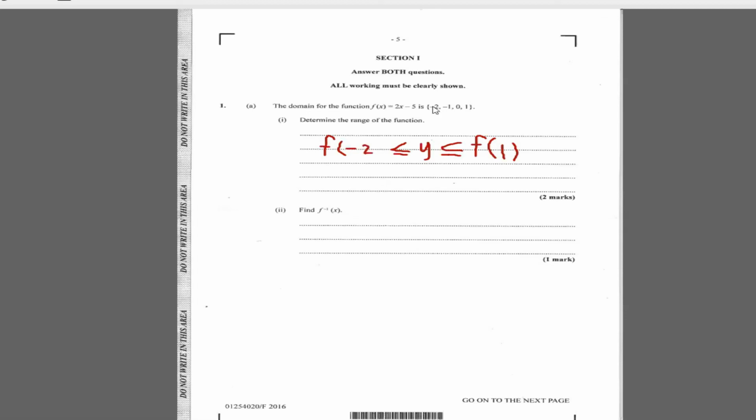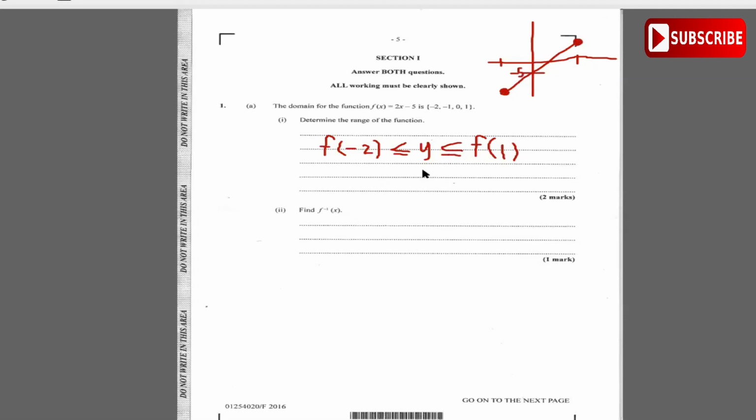Straight line and linear, same thing. F of x is equal to 2x minus 5 from negative 2 to 1 looks something like this. Let's say that's when it's negative 2, this is when it's 1. So the lowest y value is going to be right here, which is f of negative 2, and the highest y value is going to be f of 1. And we know it cuts the y-axis at negative 5.